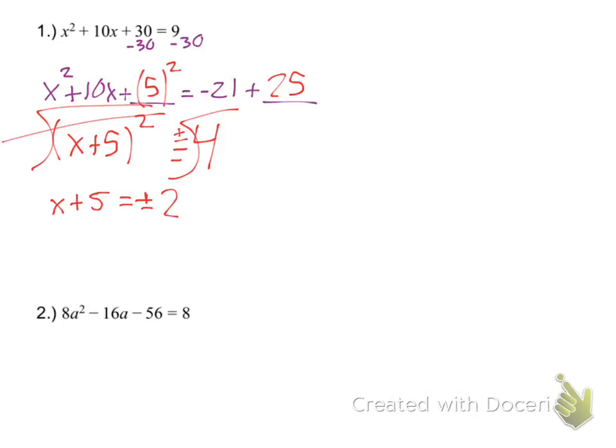Guess what? How many answers are we going to have? 2. There's going to be 2. I have to get x by itself. That was the last step. Solve for the variable. So to get x plus 5 out of there, you subtract 5. Now, here's the issue.